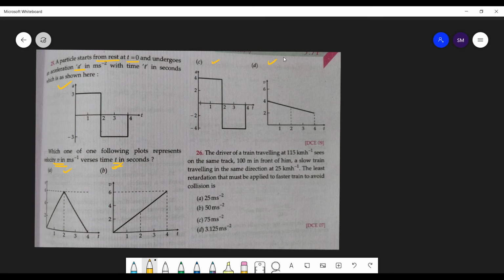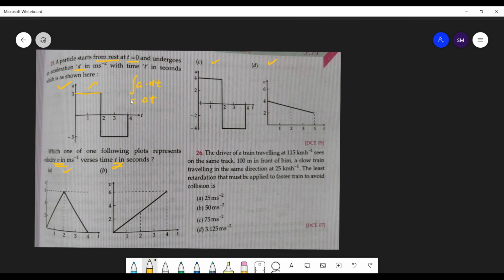Option A. See here the acceleration is constant. If you integrate it, integrating a constant, what do you get?